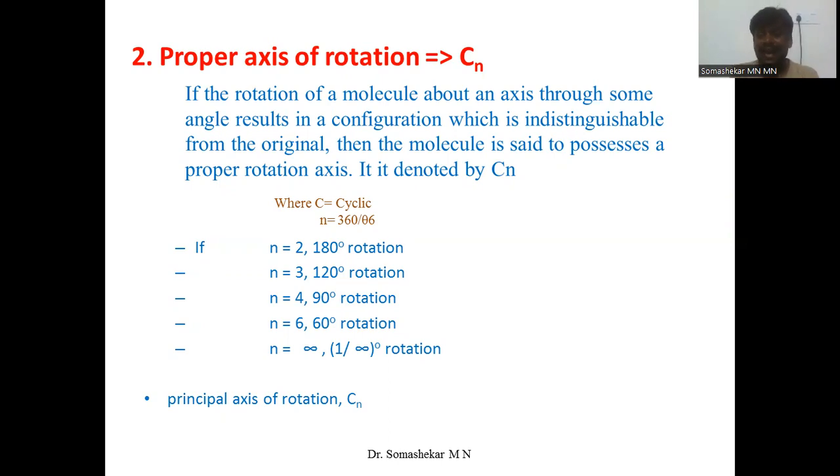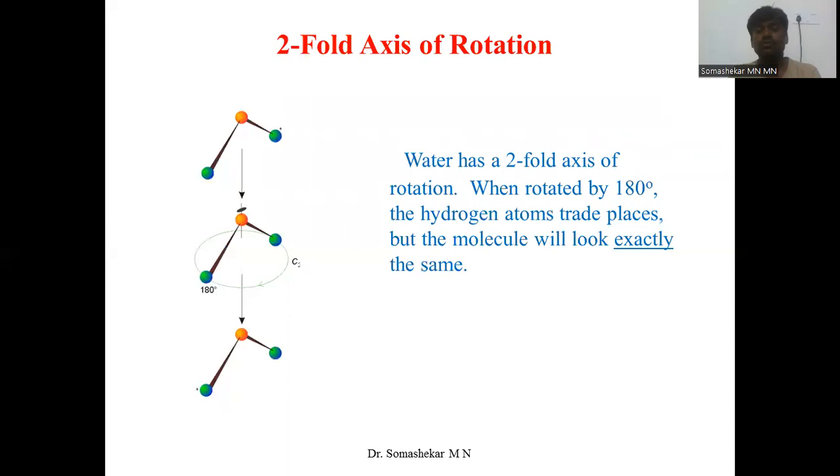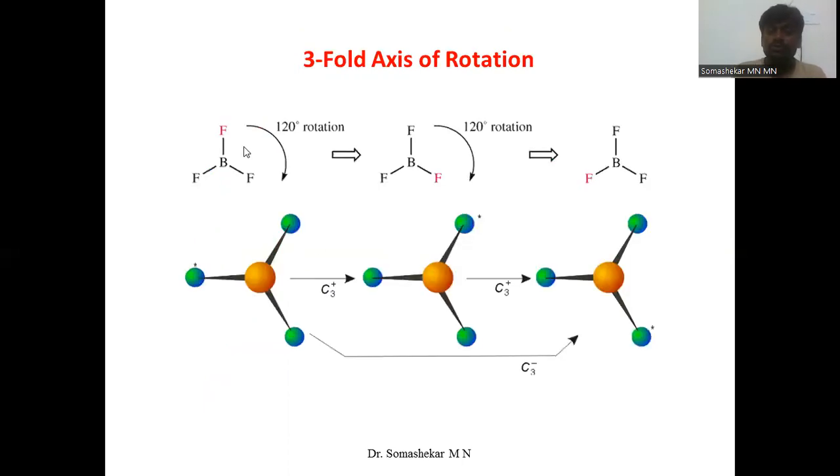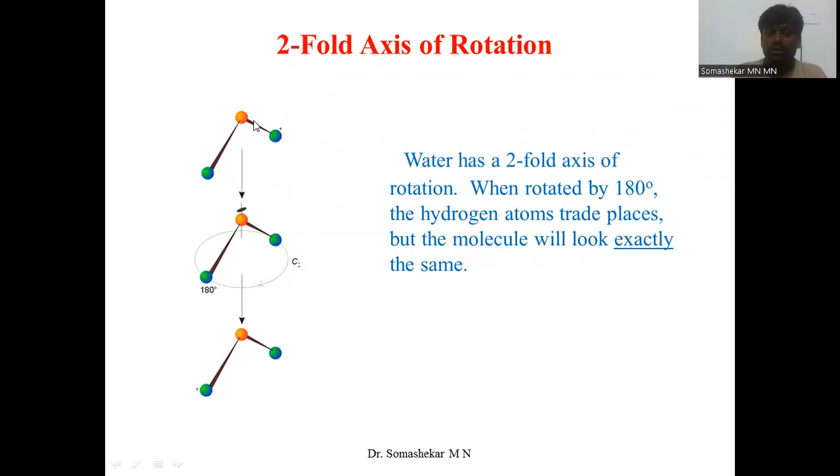Now let us take a simple example, that is the water molecule. We know that water has oxygen at the center and two hydrogens. What is its shape? It is a bent shape. Now I will take a water molecule and rotate it through 180 degrees.